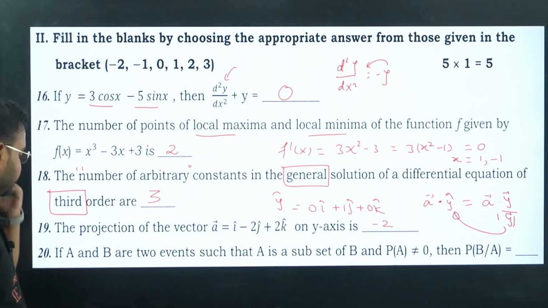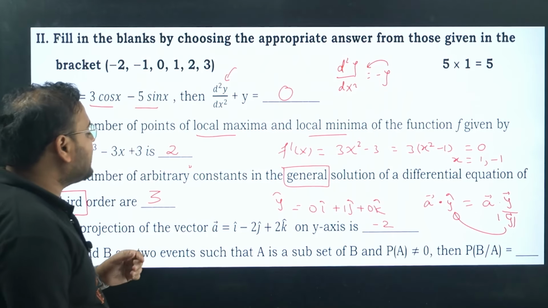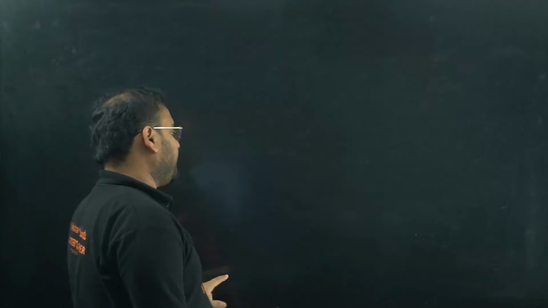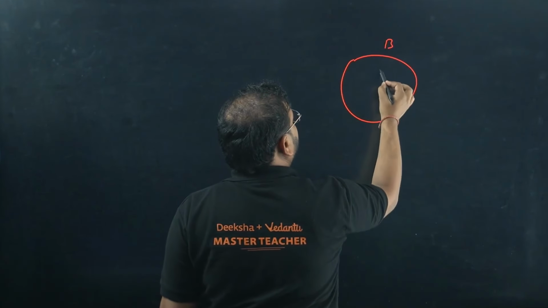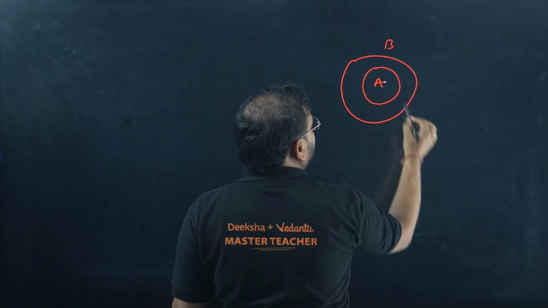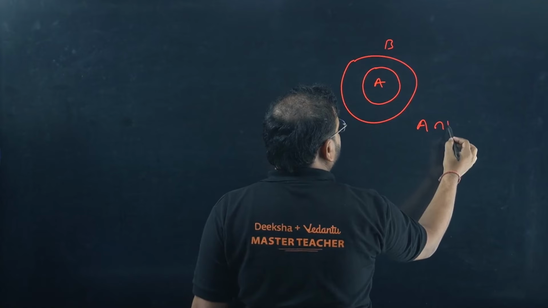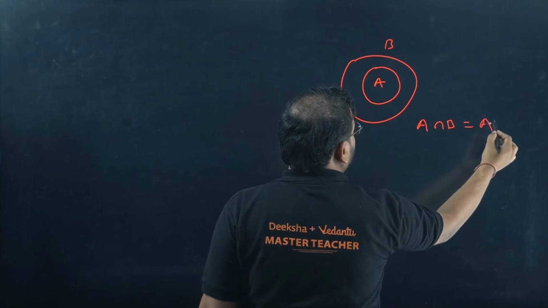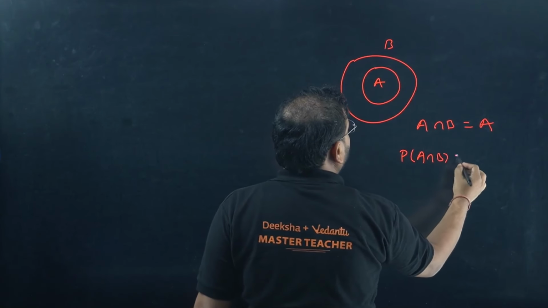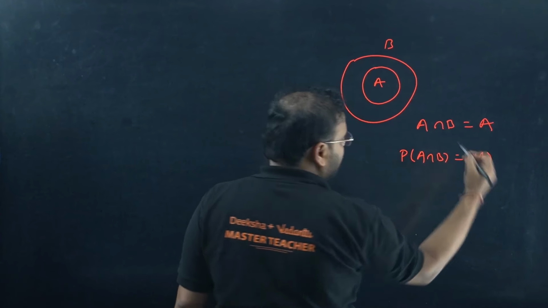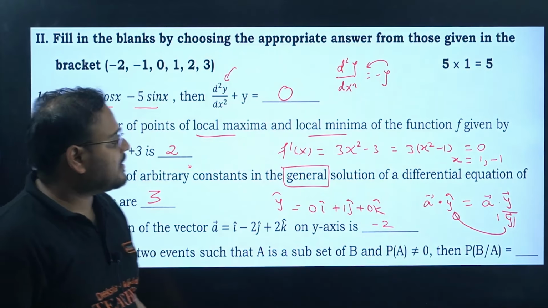20th one. A and B are two events such that A is subset of B. Okay, event B is over here and A is a subset of B. It means if you take intersection of A and B, you'll get the event as A only. So P of intersection of A and B will be also equal to P of A. What are they asking?